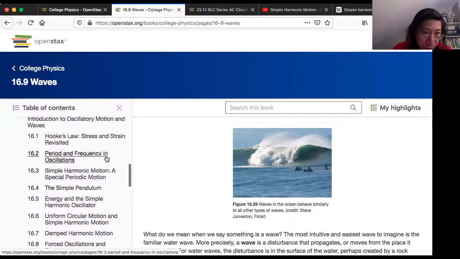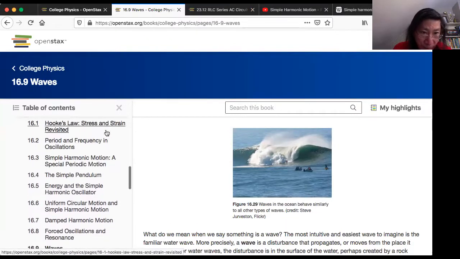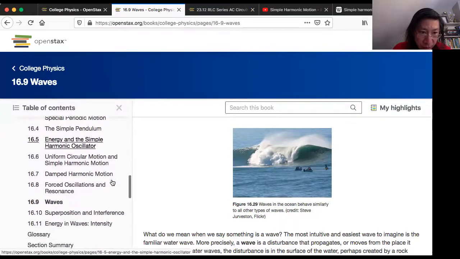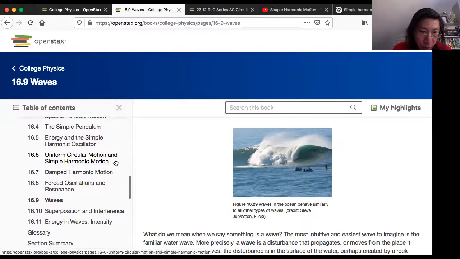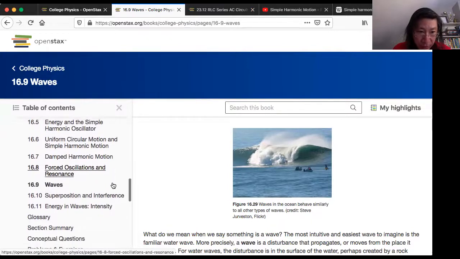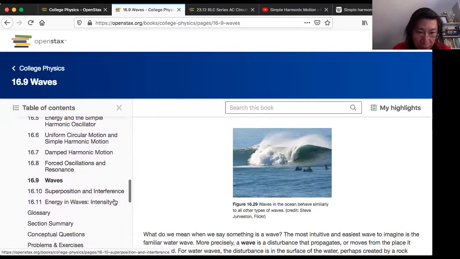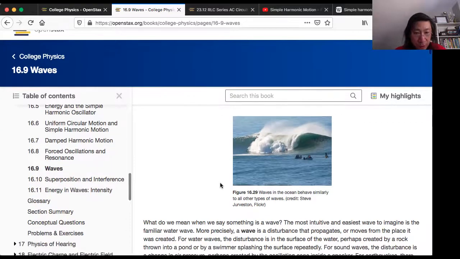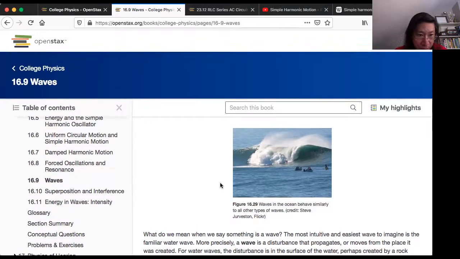Chapter 16 covers Hooke's law, simple harmonic motion, the simple pendulum, energy in a simple harmonic oscillator, uniform circular motion, and damped harmonic motion. This is a pretty good review of that sort of stuff, and then, of course, information about waves. That was all pretty good, so you're welcome to look through that and remind yourself, oh yeah, here are some of the key equations, here are some of those things in general, right?